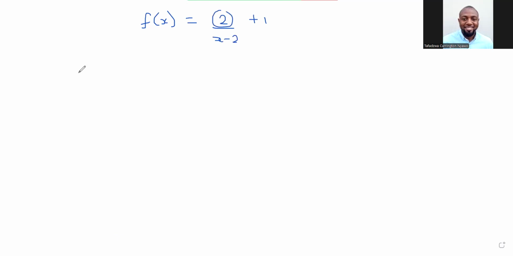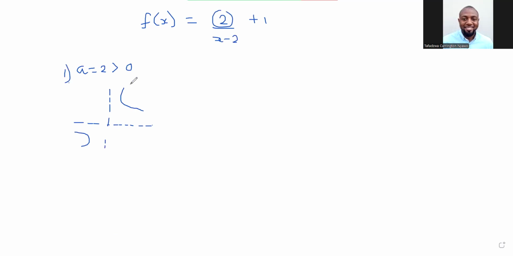A is equal to 2 and this 2 is greater than 0. So therefore my shape is going to look like that. That will be step number 1.